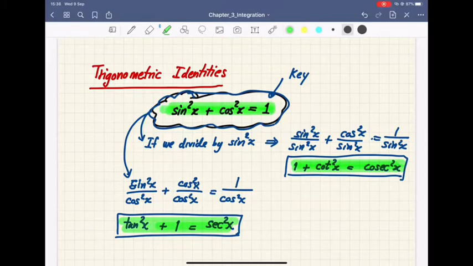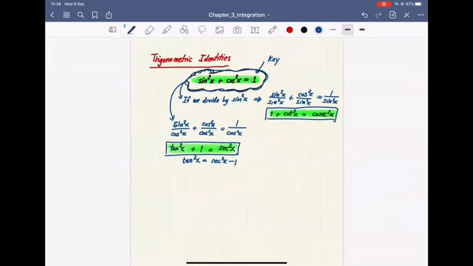So the thing that I'm going to use on this question is, because I know that tan square x equal to secant square minus 1, from here I'm going to get tan square x equal to secant square x minus 1. So I'm going to go back to my integration question and use it.